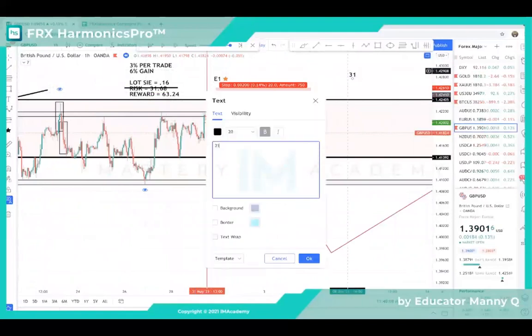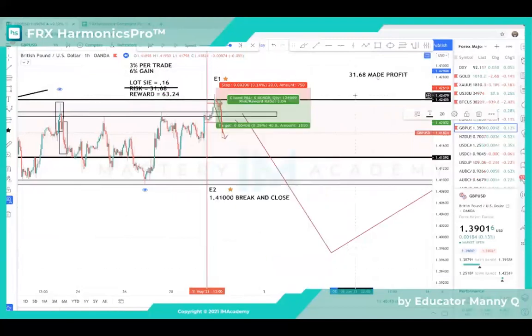Your overall profit is still $31.68. Guys, you still made a profit. Why? Because of your risk to reward, the trading metrics. So I want you guys to remember that, okay?